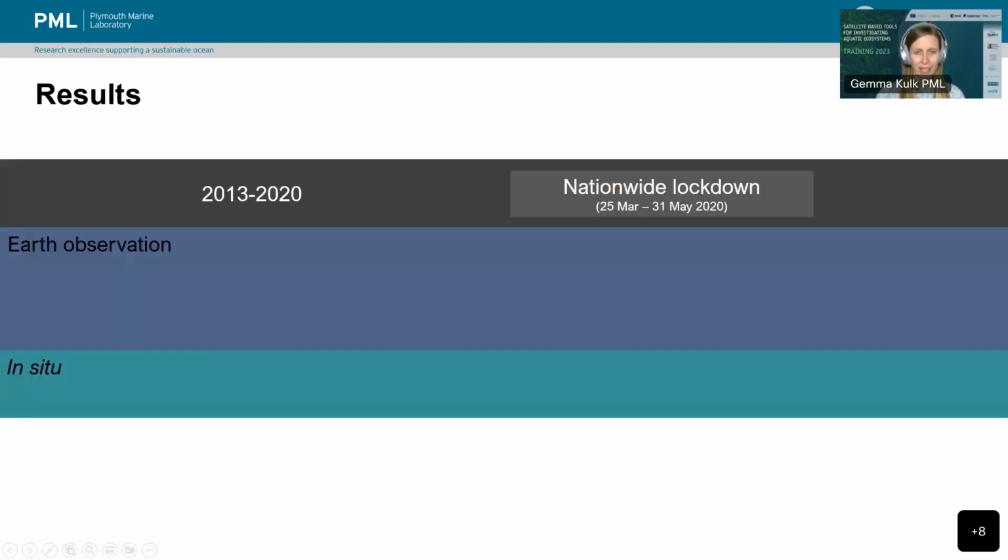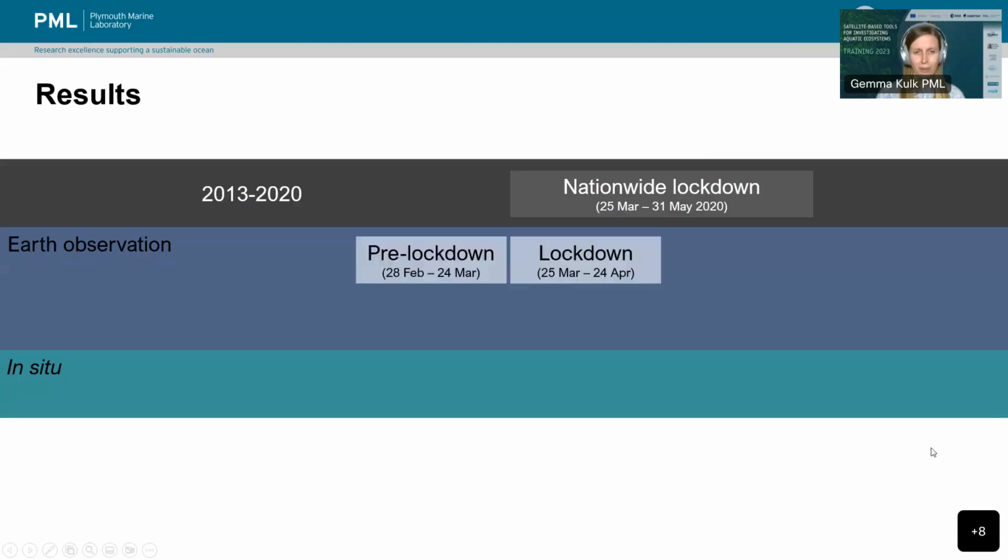So I will now show you the results of the study. Remember that we are looking at the effect of the reduced anthropogenic activities on water quality during the lockdown in Lake Vembanad. We started with studying the changes in water quality indicators during the lockdown in 2020 by comparing the remote sensing observations in the month preceding the lockdown with those of the first month of lockdown.